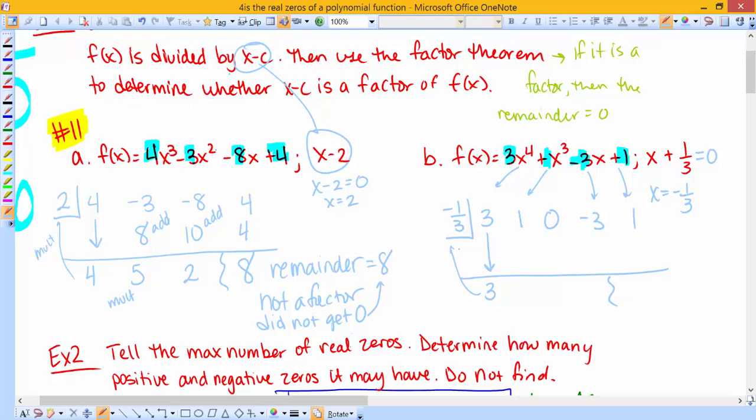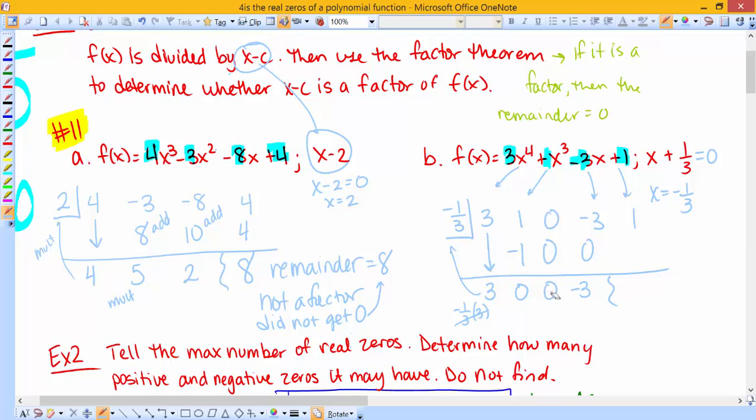Then I multiply. So -1/3 times 3, that's easy. Your 3's cancel, leaving you with -1. When you add 1 and -1, you get 0. Well, 0 times -1/3 is 0. When you add, you get 0 again. Multiply by 0, you get 0. So now I add, and I'm going to get -3. So your answers to your multiplication will always go in this empty space. Please make sure that you leave space.